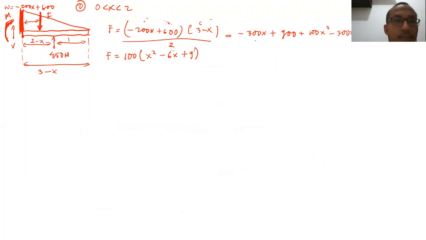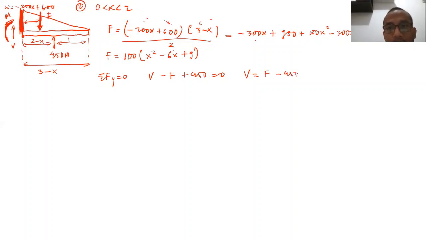Now, as usual, we can find the equation for the shear force using sigma Fy equals 0. In this case, if going up is positive, what we will have is V minus F plus 450 Newton equal to 0. Our V equation will be F minus 450 Newton.